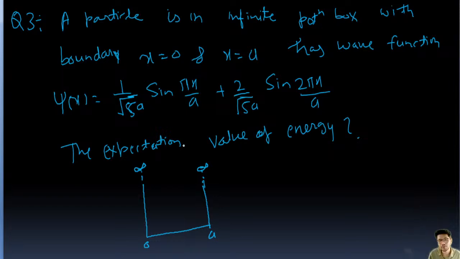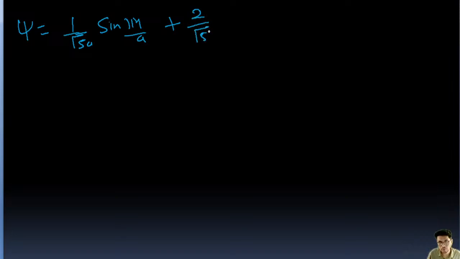And the wave function is given. The wave function which is given is psi equal to 1 upon root 5a sine(pi x upon a) plus 2 upon root 5a sine(2 pi x upon a).